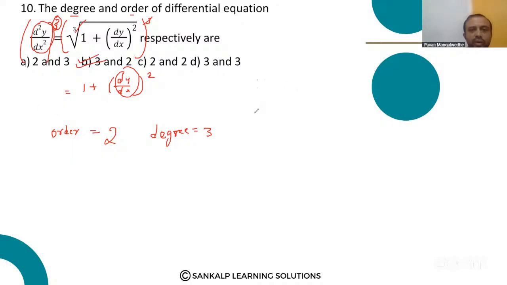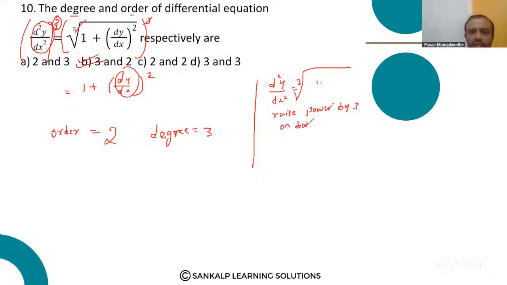Okay. If you want, I will write and show you. Just note it down this way. d square y by dx square is the cube root of so and so. You know this. Only you have to raise the power by 3 on both sides.